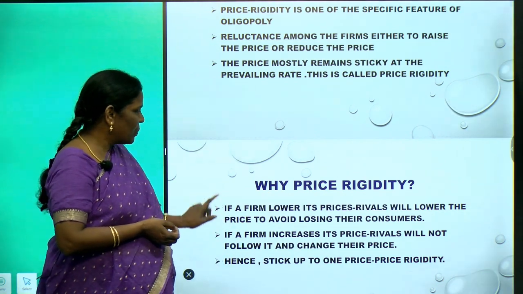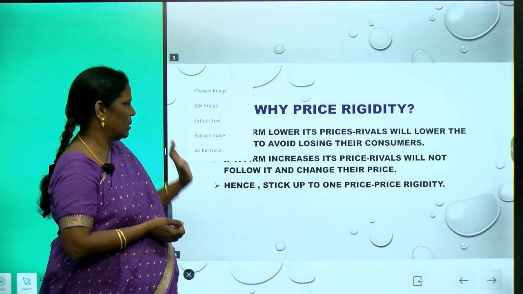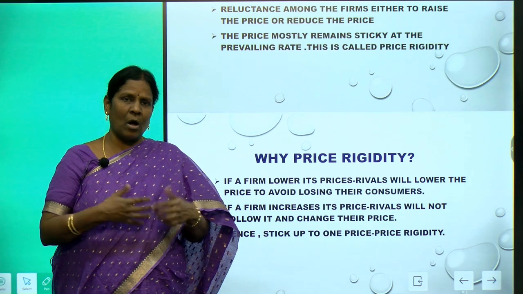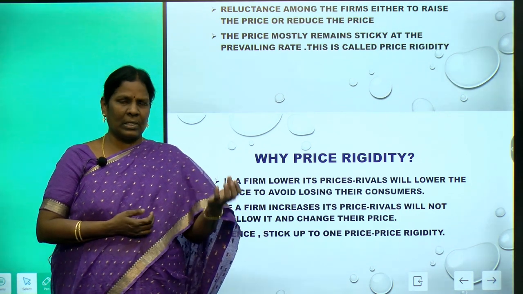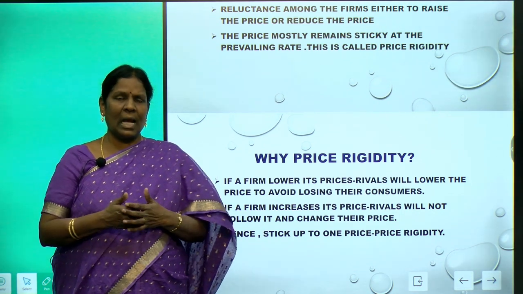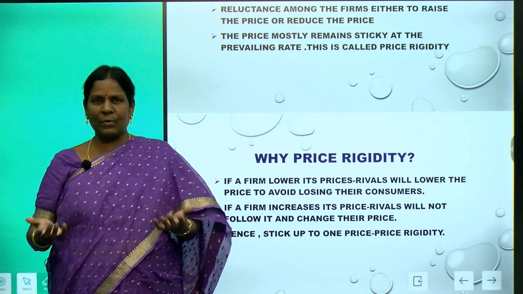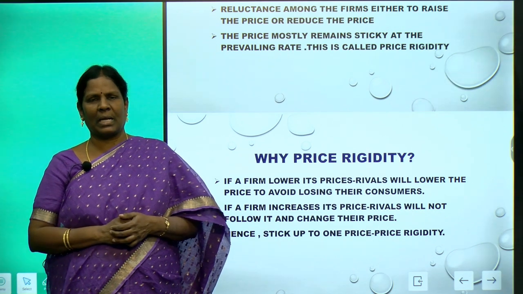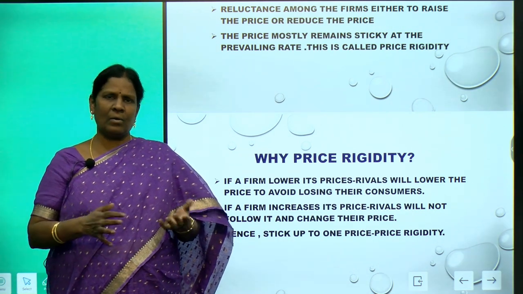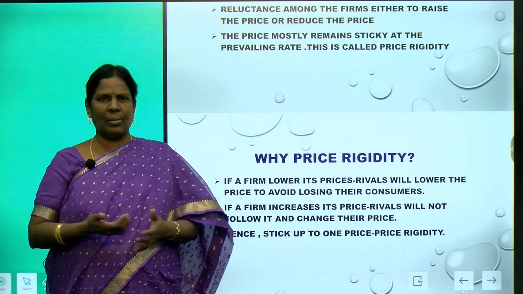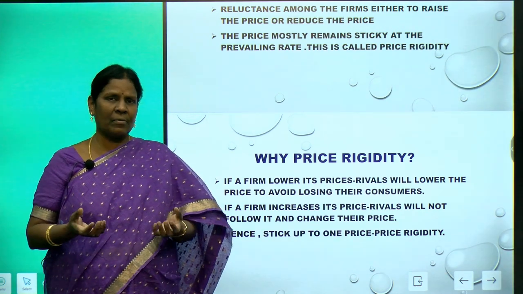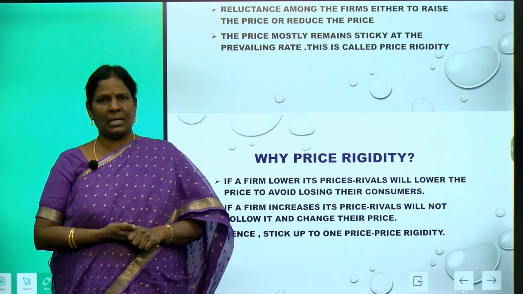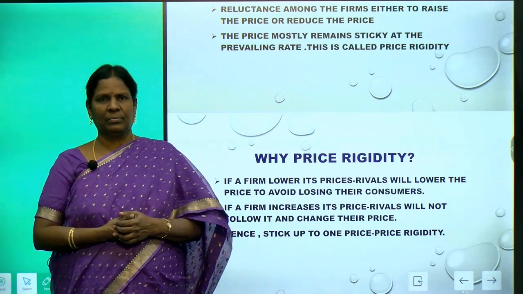Why price rigidity? This is an important topic. If a firm, in view of getting profits, lowers the price, other firms immediately react and they also start to decrease the price. All firms get an increase in demand, but how much of an increase in demand results from the fall in price, they are unable to find out.